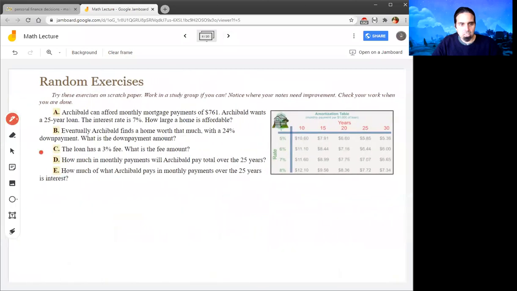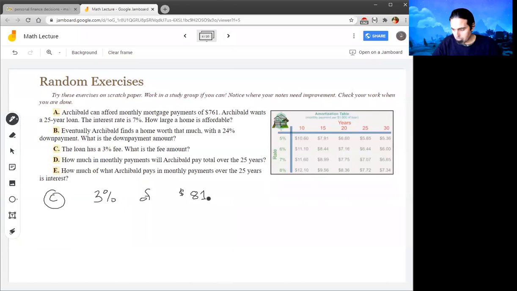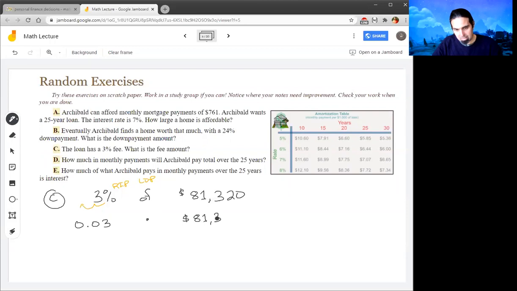So we're going to ask in part C, 3% of 81,320. So $2,439.60.